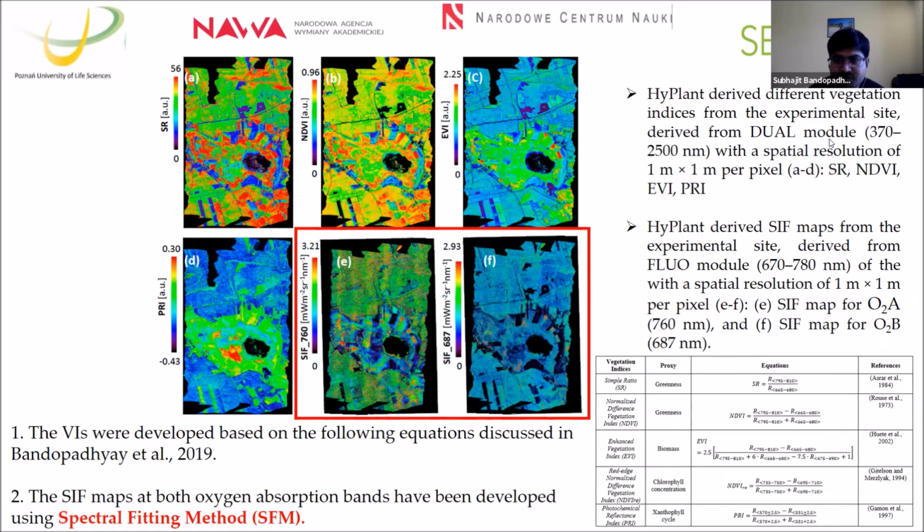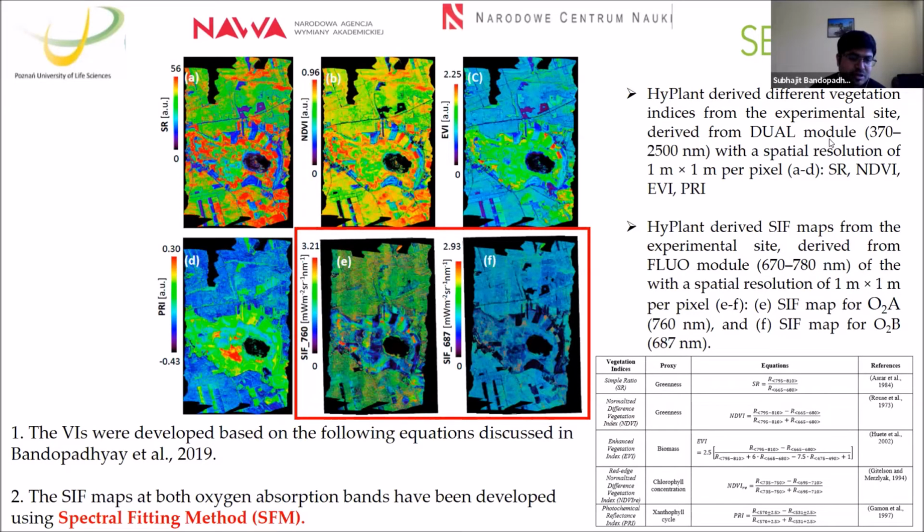These have been derived from the HyPlant DUAL module, and on the other hand, the FLOX module, which has a higher spectral resolution, captures the sun-induced fluorescence at the 760 oxygen absorption band A at the far-red position, and I have also calculated the CIF 687, which is the oxygen absorption band B, at red fluorescence.